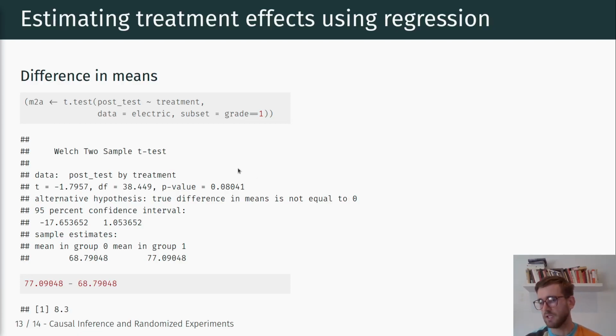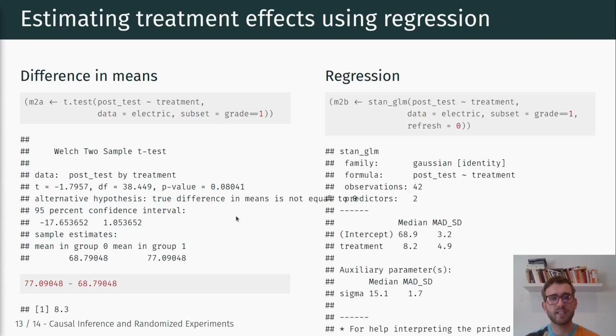One way here would be to just run a t-test for our post-test reading scores, comparing the treatment and control group, and we see a difference in reading scores of around 8.3. This is a basic difference in means estimator, comparing treatment and control averages.